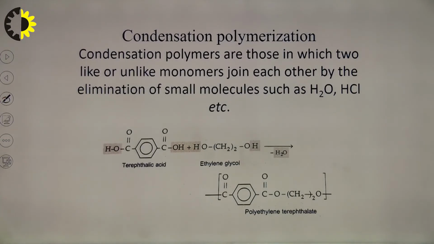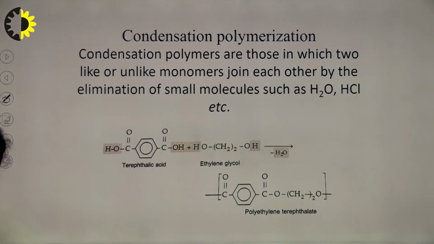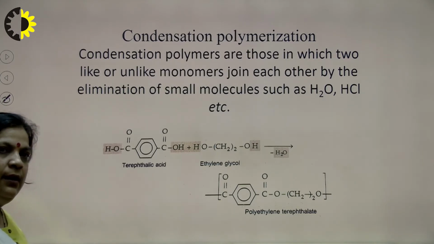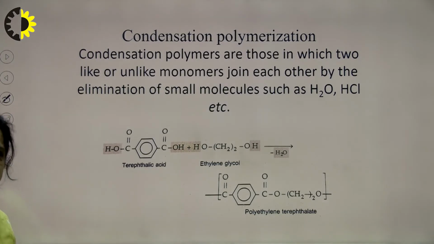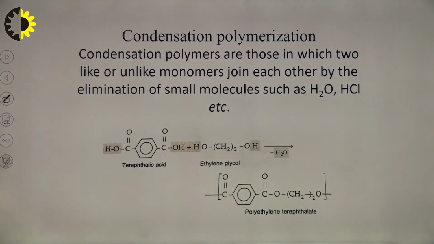Now next is condensation polymerization. It is clear that in addition polymerization the double bond gets converted into a chain through a single bond. Now, condensation polymer means when functional groups are present, these functional groups get combined and some byproduct gets eliminated. The byproduct may be alcohol, H2O, HCl and so on. Here we took the example of PET.